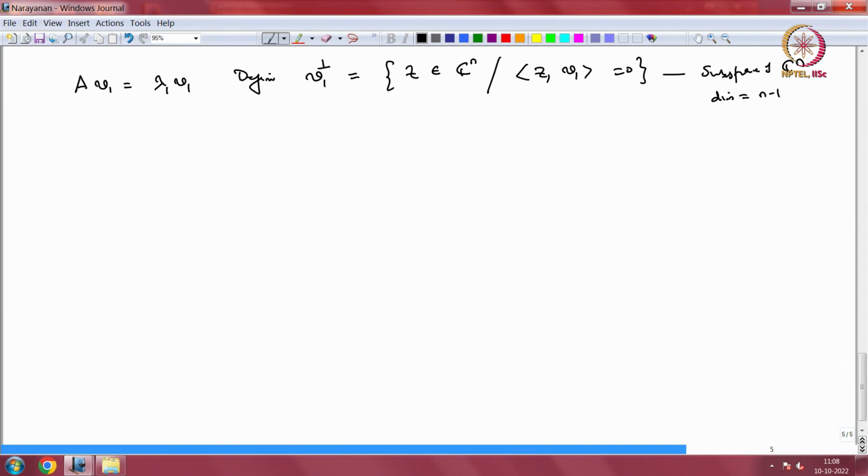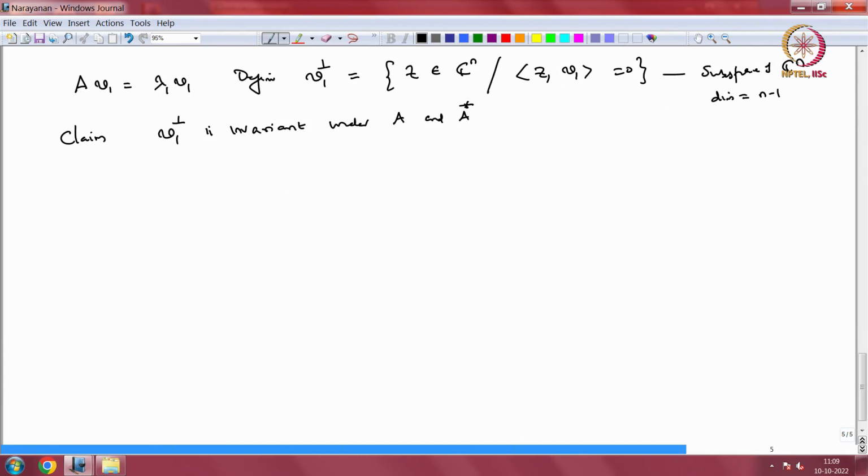Now, the claim is that the space V1 perp is invariant under A and A star. Okay. So, remember A star is the adjoint of A. We are saying that this space is invariant under A and A star. Okay.